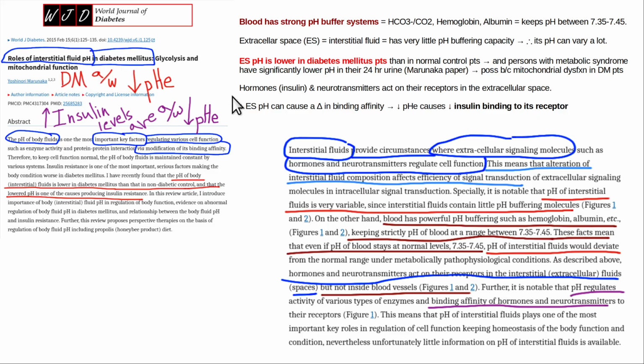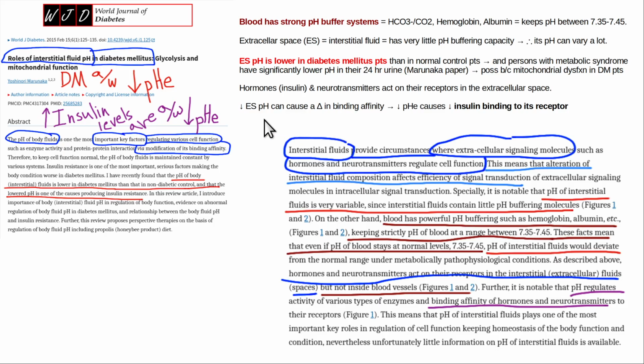Okay. What are some other interesting things? Oh, and what we're going to talk about is that the extracellular space is in continuity with synapses. So something in the interstitial space, extracellular space, means it's also going to affect the synaptic cleft. And that's how this is going to relate to a mechanism for cognitive decline in diabetes. Because hormones like insulin and neurotransmitters like glutamate have to bind their receptor in the extracellular space.